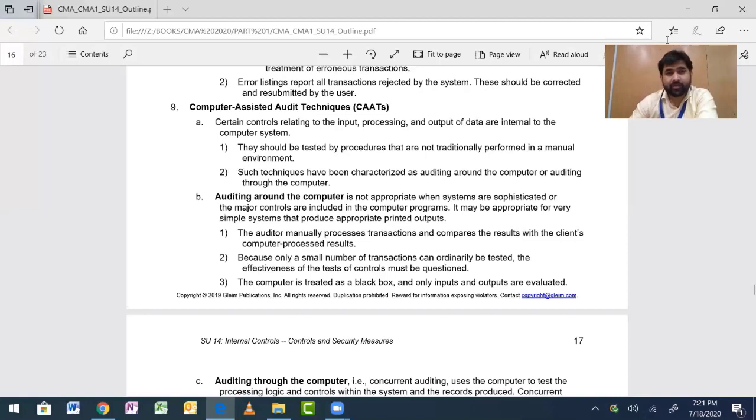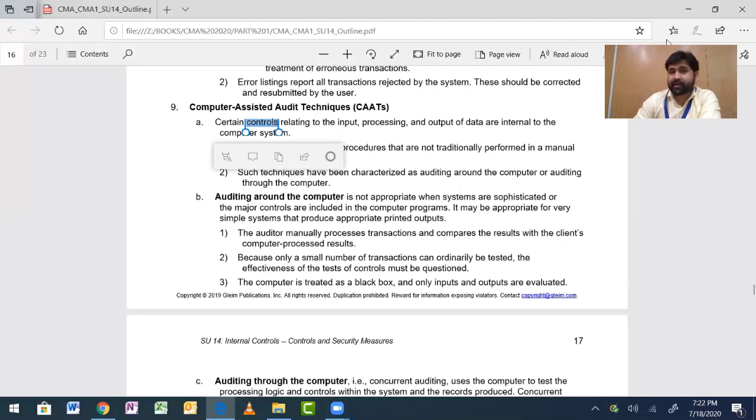So now the accounting system is changing, fine, because of the technology. Same way the audit method also has to change. Now see, certain controls relating to input, processing and output, the three main functions of the computer, fine.